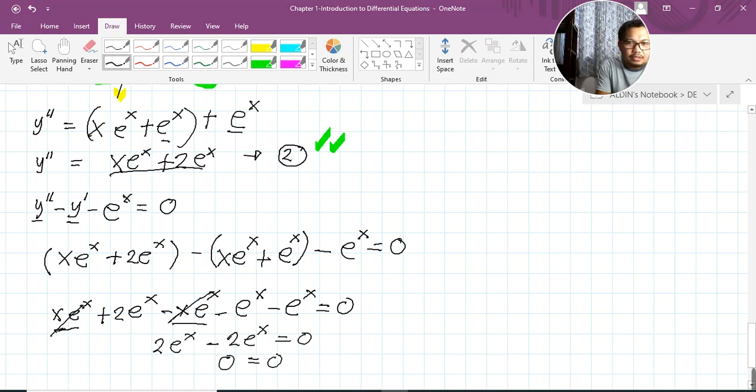Therefore, the given solution is a solution to our differential equation.